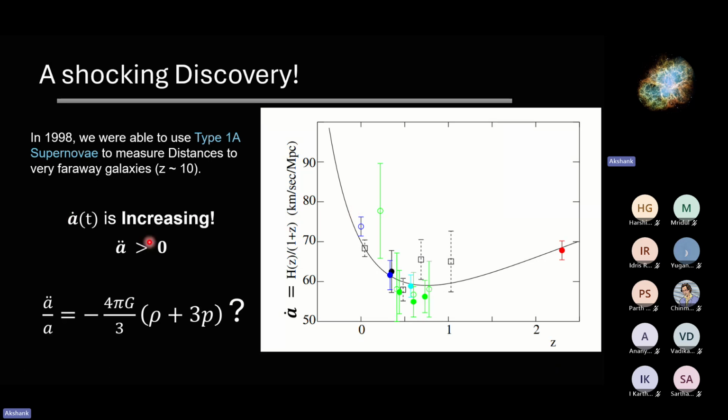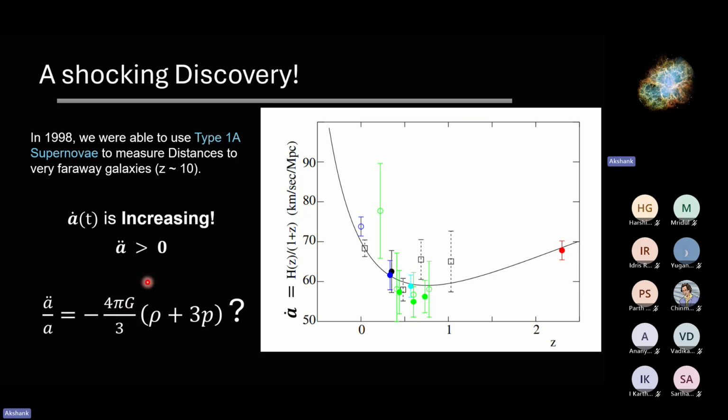If A dot is increasing, that means A double dot is greater than 0. But your second Friedman equation wants A double dot to be negative, as I told you earlier, and this comes from very fundamental principles.